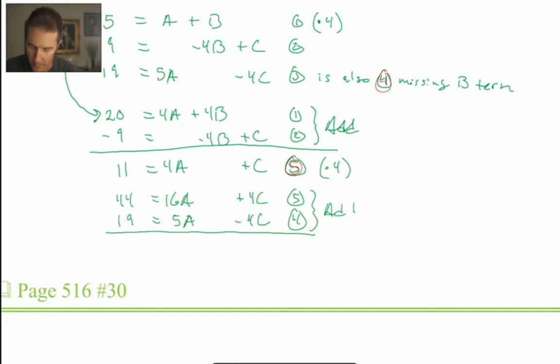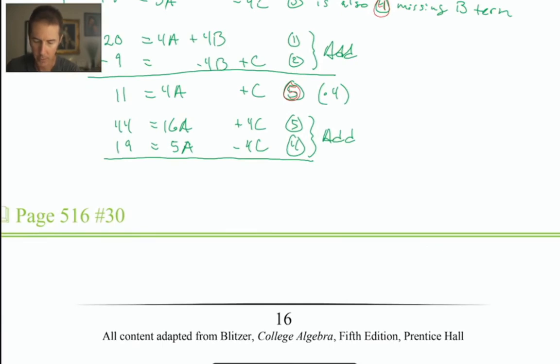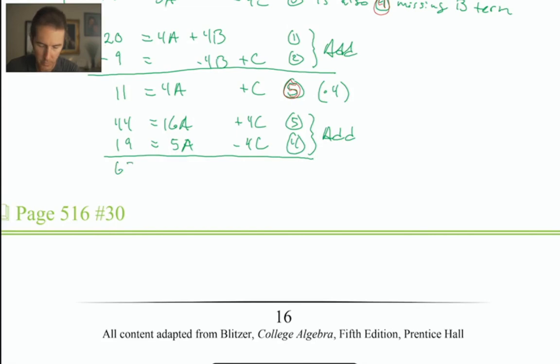And once I add these together, I'm going to have a real idea as to whether or not I'm on a good path and whether or not I've made any arithmetic mistakes. 44 plus 19 is 63 and equals 16 plus 5 is 21a. My c terms canceled out, and sure enough, both sides of this equation are very easily divided by 21. So let's divide both sides by 21, and that gives us 3 equals a.